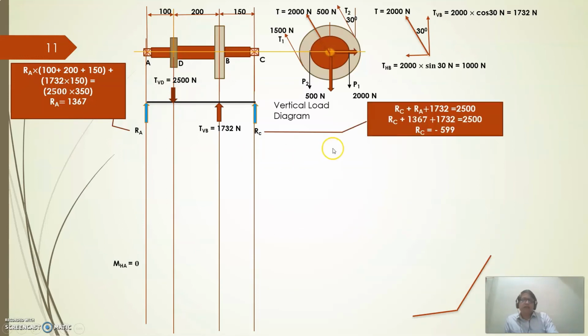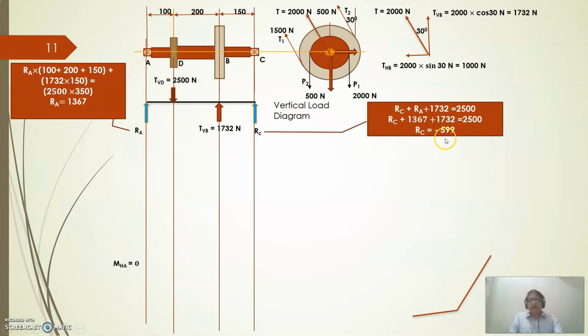Similarly, I can get the RC value. Just take the summation of the forces: RC plus RA plus 1732 is equal to 2500, and in that case RC is equal to minus 599.